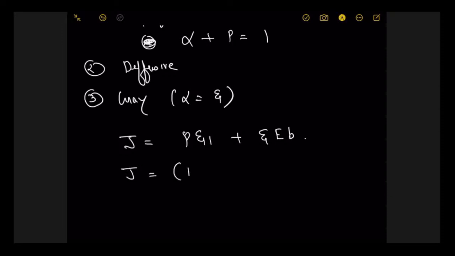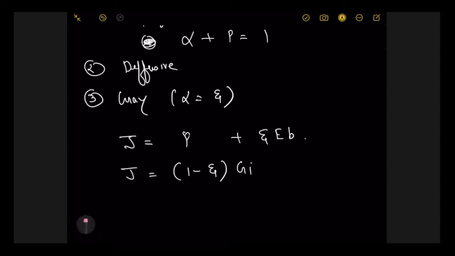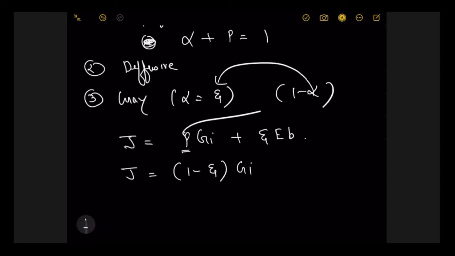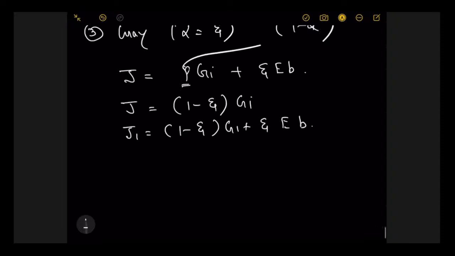So J equals 1 minus emissivity into GI. So it is reflectivity into GI. Okay. So in place of this, we can write 1 minus alpha, and in place of alpha, you can write this. So Ji equals 1 minus emissivity into Gi plus emissivity into Eb. Okay, like this.